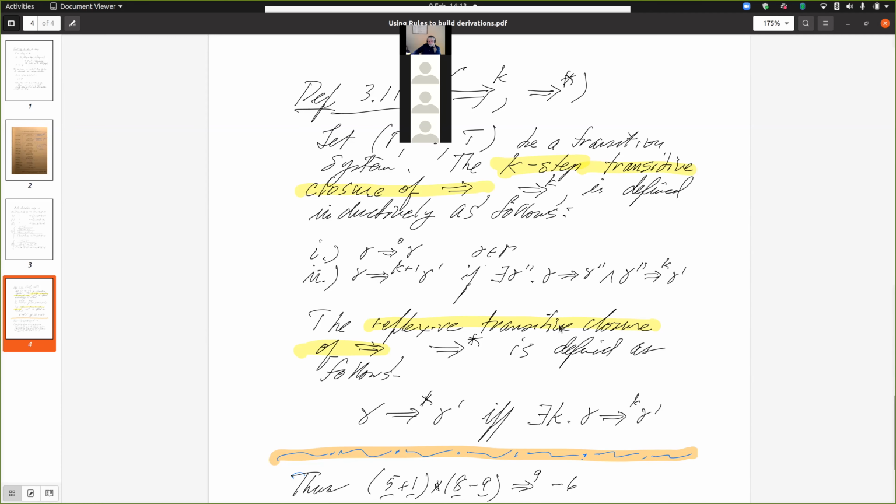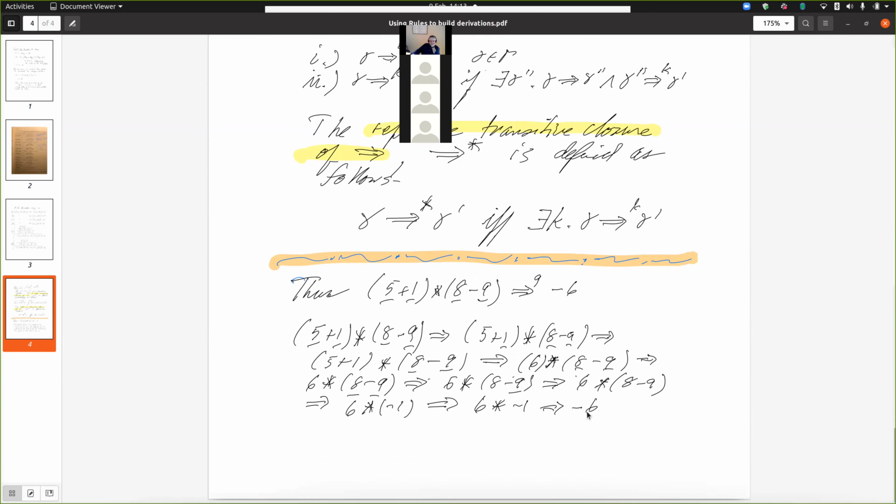given by this definition. So here's one example of a derivation using these small step semantics. The point is that what you're doing in each step is you're either eliminating a numeral, or in the case that you get to a value times, well, you can't even do it yet.